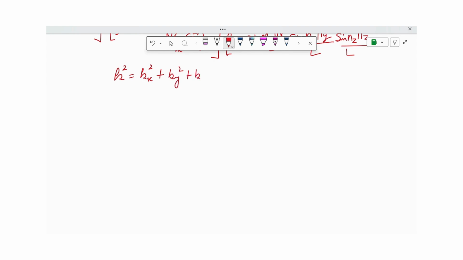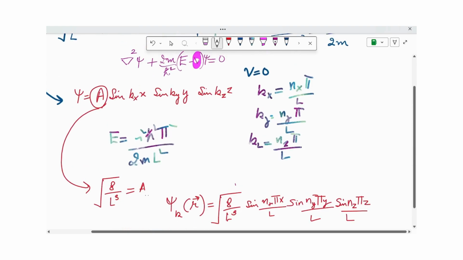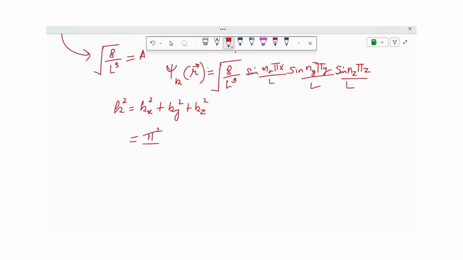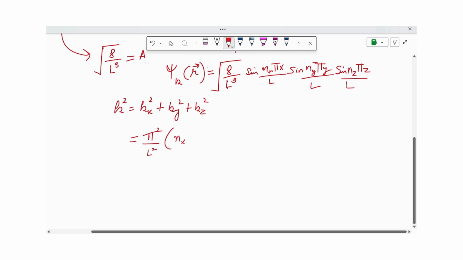And as we have written the values of kx, ky and kz here, from this expression we will get the value of k square as pi square by L square, and in the bracket you will get nx square plus ny square plus nz square.